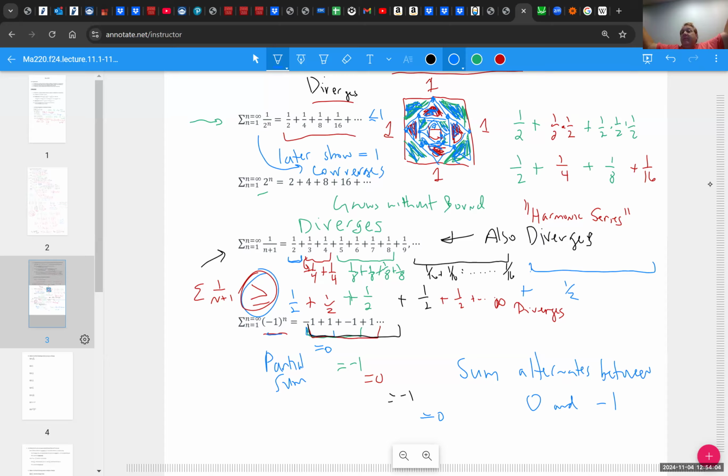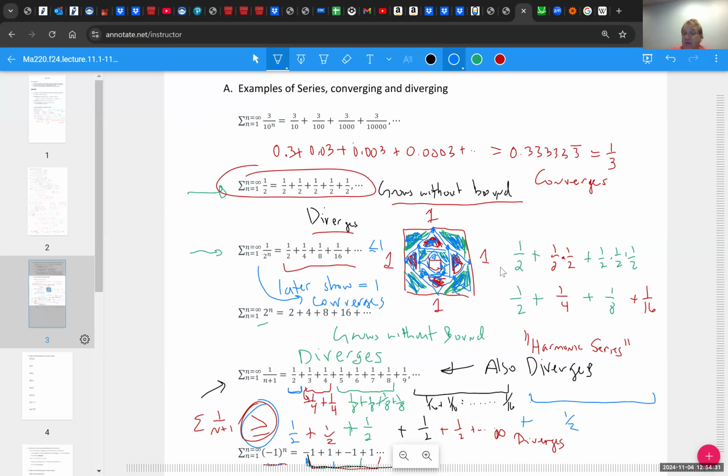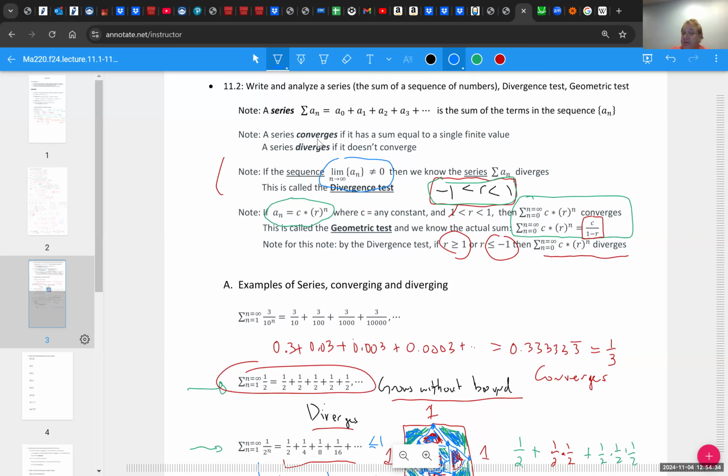So if I add all of them together, all infinite -1 plus 1, -1 plus 1s, I'm not sure what the answer is, but it's either going to be 0 or -1, because it's always one of the two, right? Either I get 0 or I get -1. I can't say it's an average of those two because it never is equal to a half or -1/2. It always has a sum of 0 or always has a sum of -1. But if you remember our definition of converges, it has to equal a single finite value.